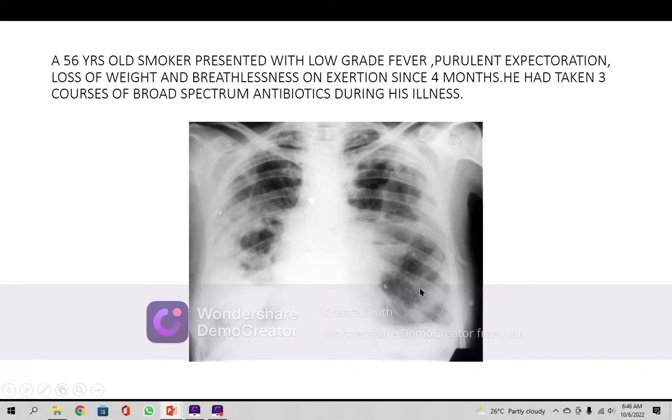The treatment, if it is positive, is to start anti-tuberculosis therapy. Here in Pakistan we give 4 drugs for 2 months and 3 drugs for 4 months. 2 plus 4, a 6 month therapy.